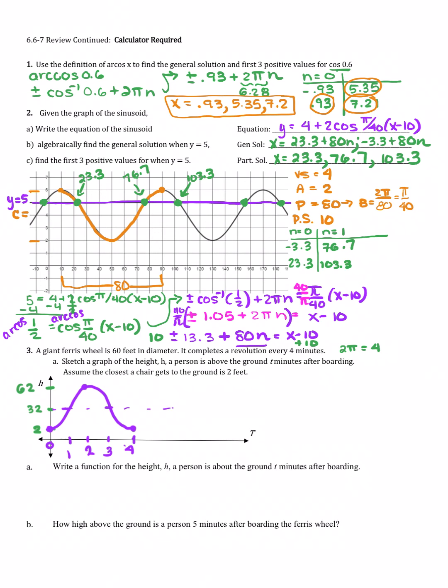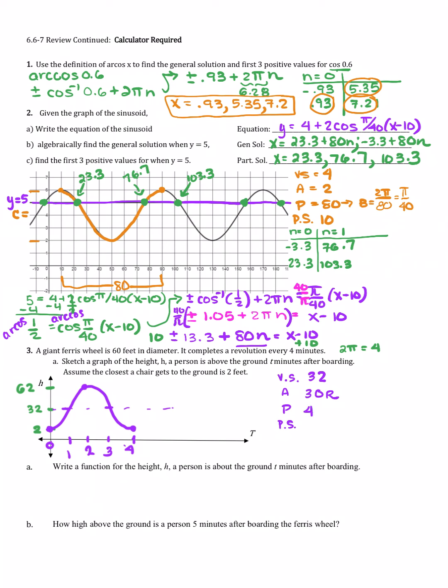So writing a function for this, we have our vertical shift, our amplitude, our period, our phase shift. So 32 is your sinusoidal. Your amplitude is half of the diameter, but this is a reflected graph because we're starting low, ending low.